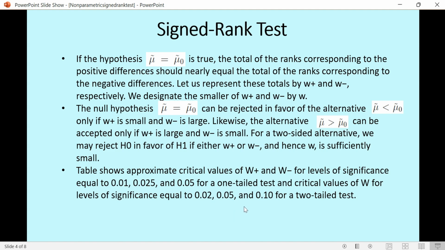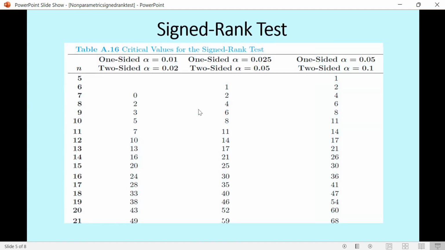In practice, there is a table that shows approximate critical values of W plus or W minus, whichever is the lowest value. If the smallest W is less than the critical value in the table, then we will reject our hypothesis. The table shows different significance levels for one-tailed or two-tailed tests.